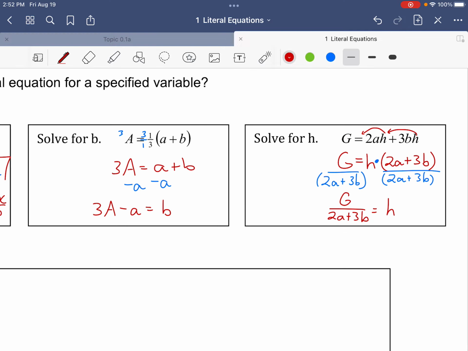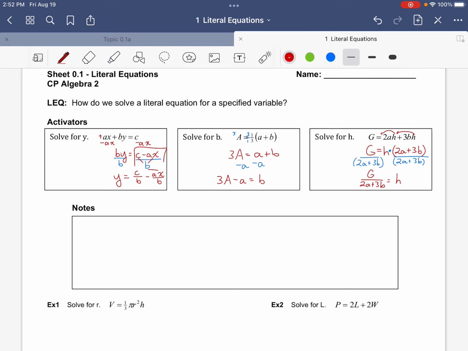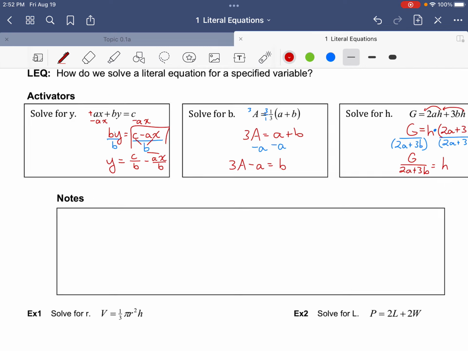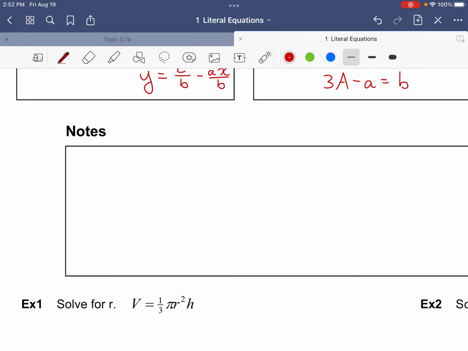Well, if that doesn't kind of wake you up with solving equations, I'm not sure what might. But let's summarize the best we can what has happened in each of these equations. Probably the big idea is the familiar phrase inverse operations.